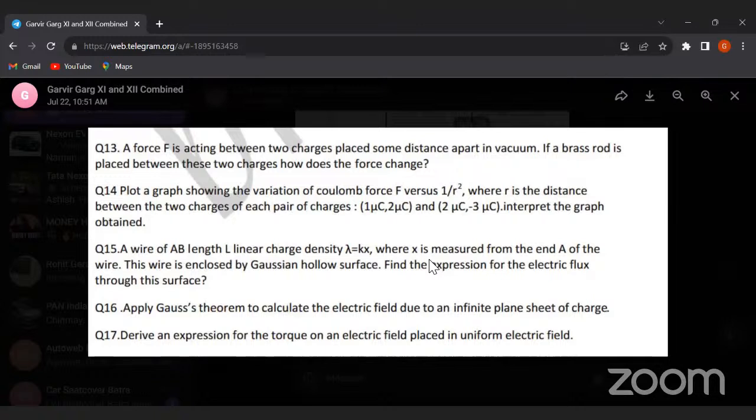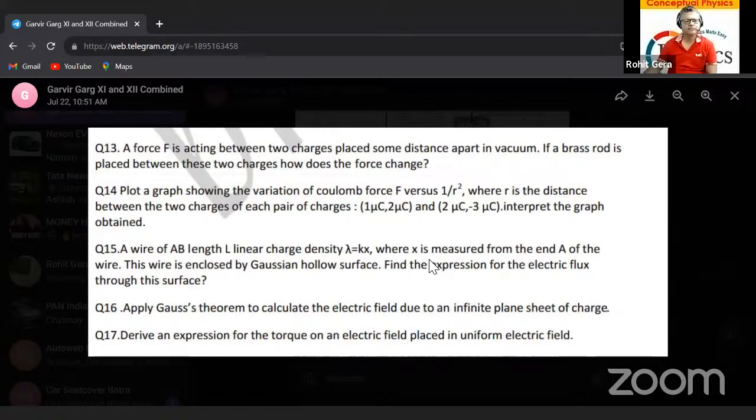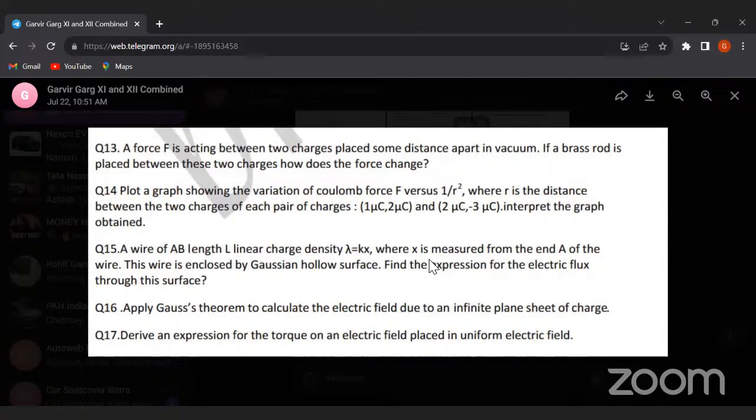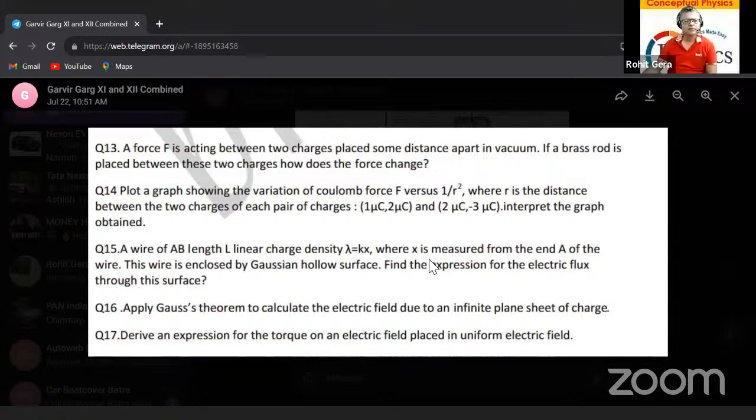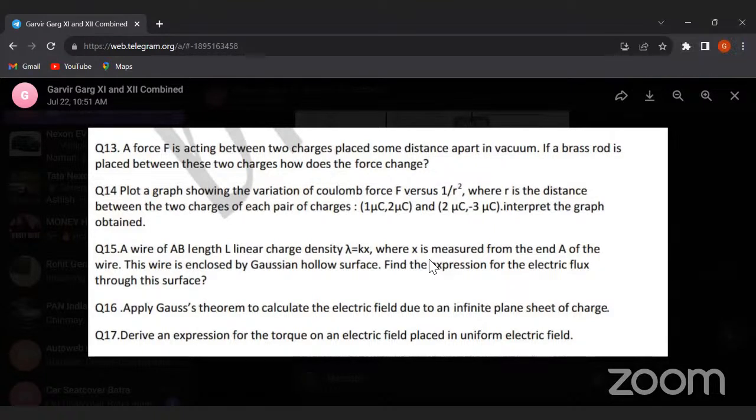Yes sir, so force will become... what will happen to the force? बताओ क्या होगा? पोलराइजेशन हो जाएगी उसकी, yes sir, रॉड की.